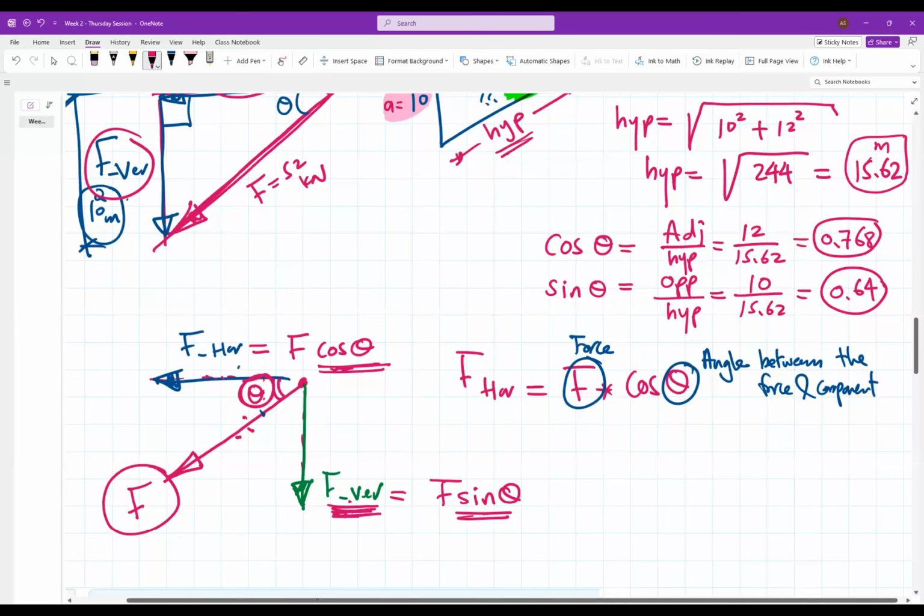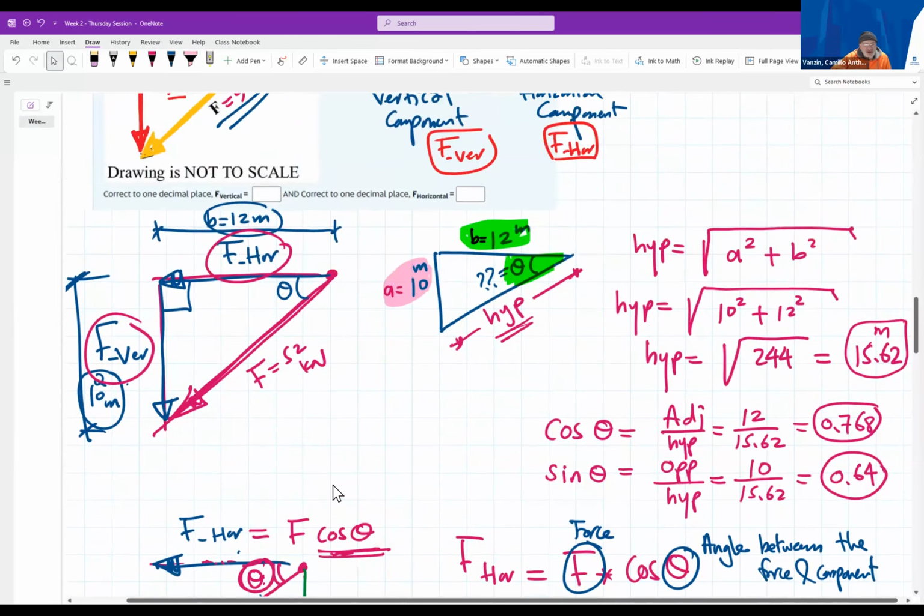Can I just go back to your triangle at the top? I just want to understand something. When you do the triangle up here, you have F horizontal and F vertical. How did you work out that the F horizontal was the adjacent and not the opposite? Here, this is our horizontal, and this is our angle.